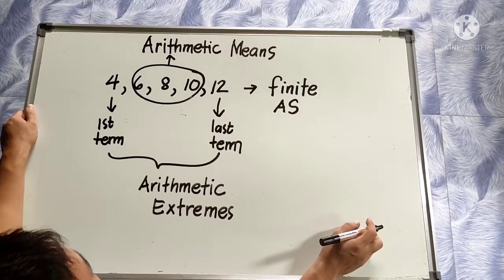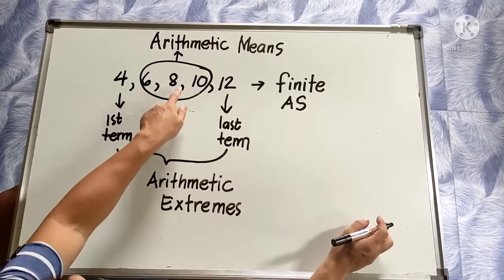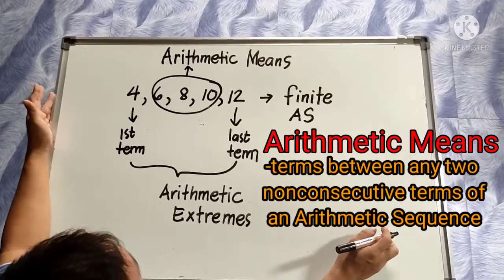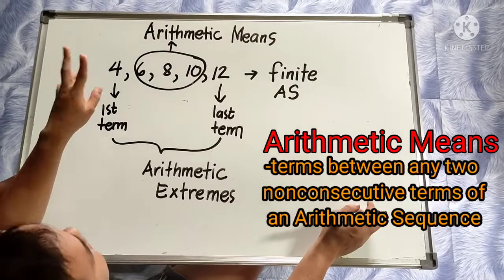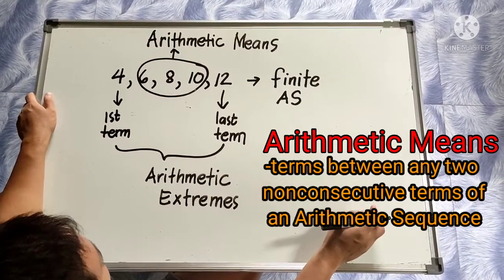And the terms in between the first and the last terms, which are 6, 8, and 10, are what we call arithmetic means. So if we say arithmetic means, these are the terms between any two non-consecutive terms of a finite arithmetic sequence.